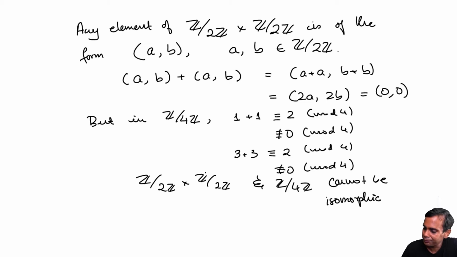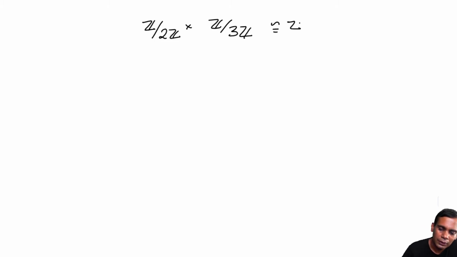Okay, but let's look at another example: Z mod 2 cross Z mod 3Z. It turns out that this group is isomorphic to Z mod 6Z.